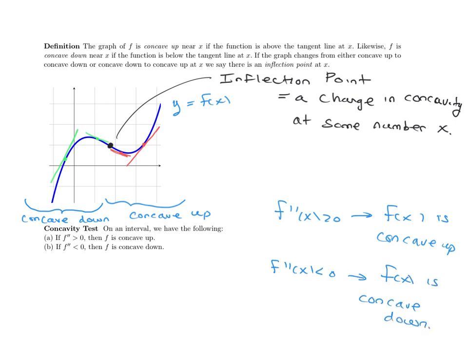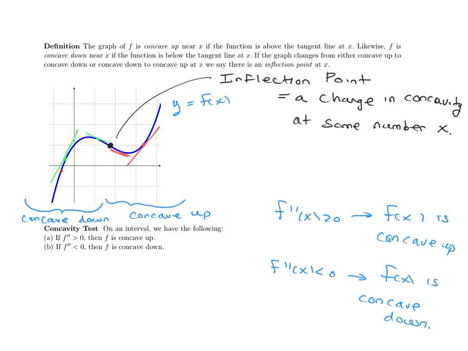Now, why would this happen? Here's the reason. If you look at this portion of the graph where it's concave up, notice the derivative is negative, it's 0, then it's positive. The derivative is increasing. If the derivative is increasing, then its derivative must be positive. Well, the derivative of the derivative is the second derivative. So an increasing derivative means a positive second derivative, and that's why if you have a positive second derivative, your graph is concave up.